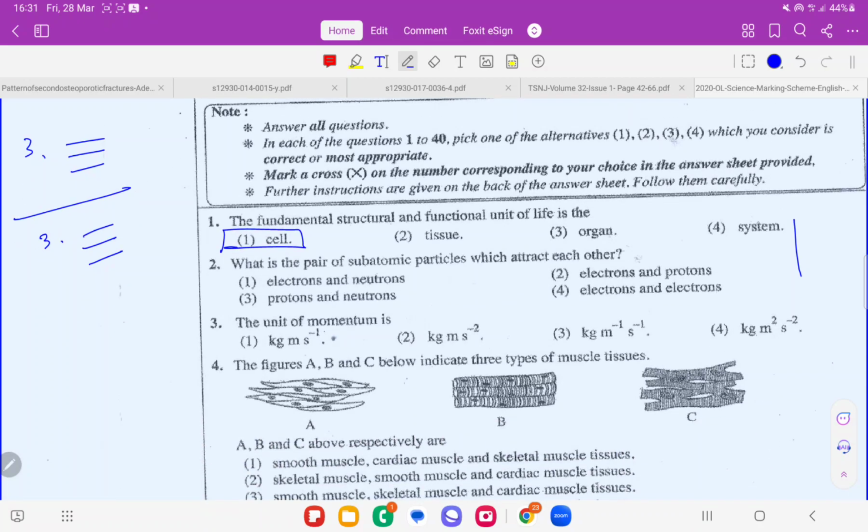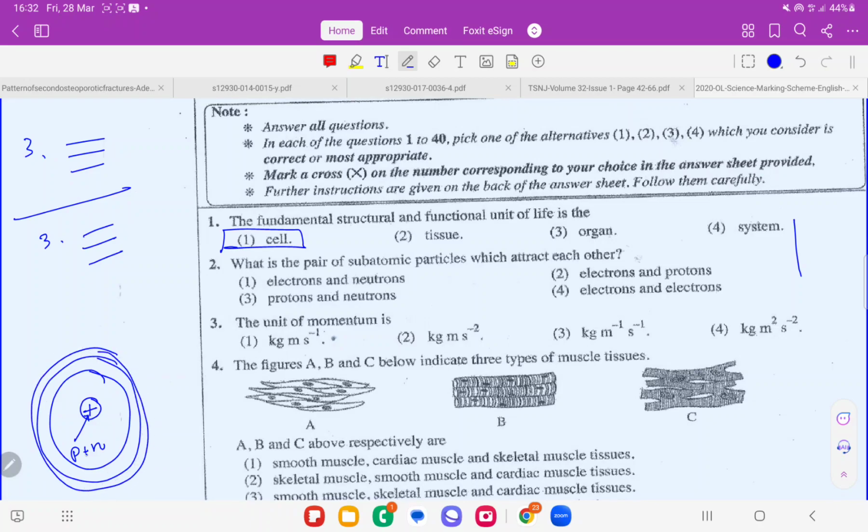Second question: what is the pair of subatomic particles which attract each other? So you know, in the atom, at the middle there are the protons and neutrons in the nucleus, and in the energy levels electrons are moving, right?